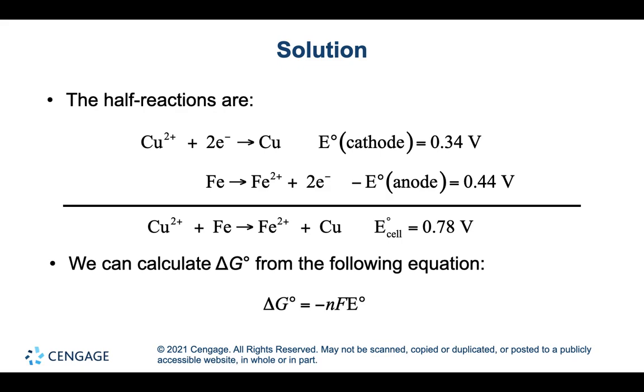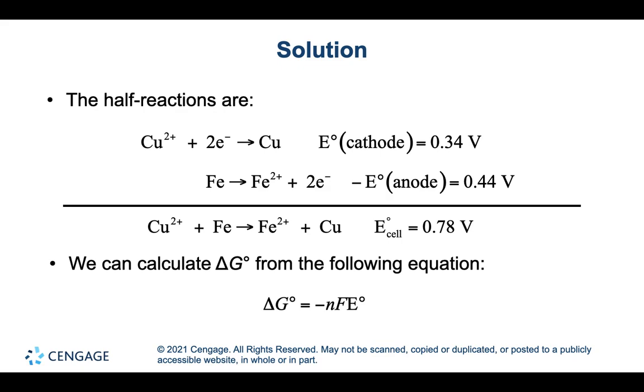Copper's running forward, cathode, 0.34 volts. Iron runs in reverse, anode, negative 0.44 volts. So E cathode minus E anode comes out to 0.78 volts.